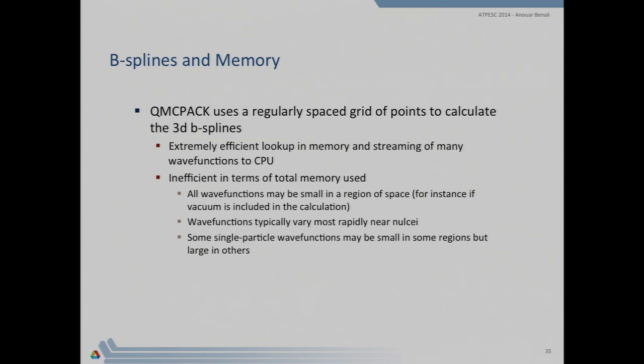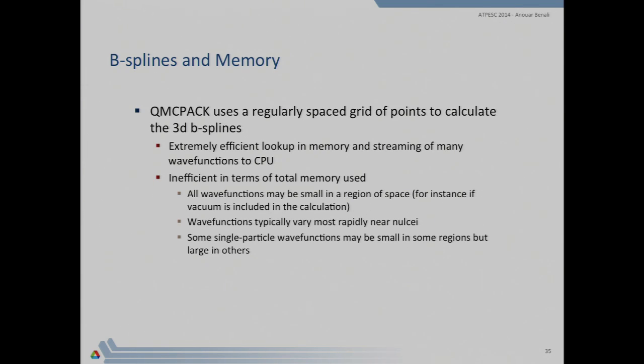It's extremely efficient to look up in memory and stream any wave function to the CPU. Whenever we do a random move, we need to access a part of the memory randomly because that move has been decided randomly. So we need to be able to access the memory from the CPU quite fast.